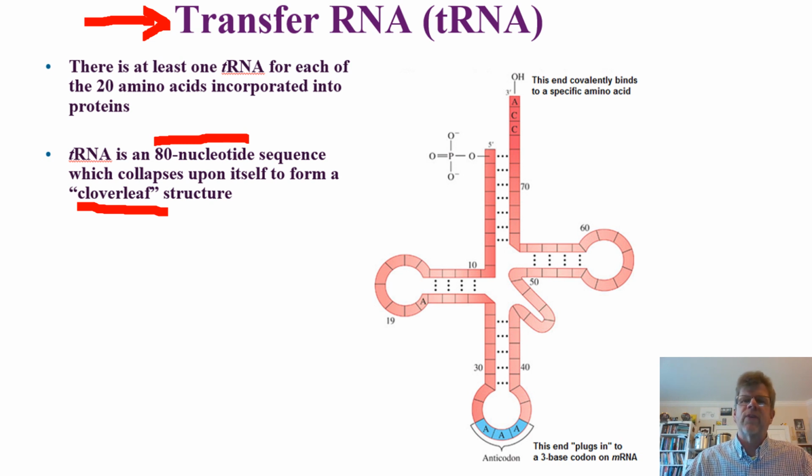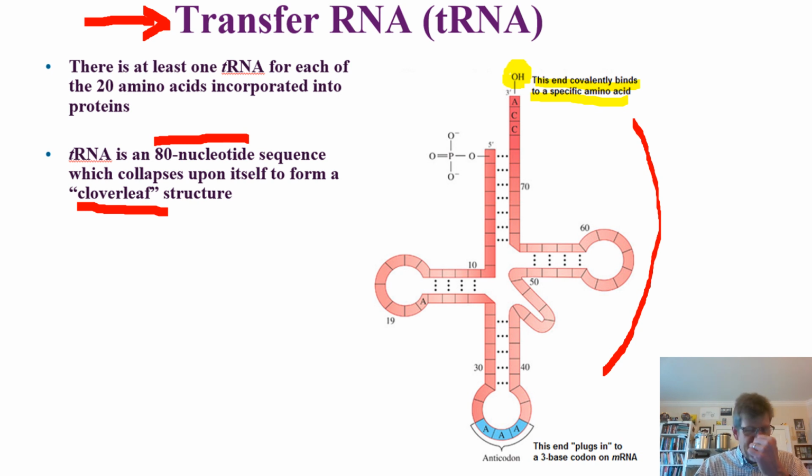Looking at this cloverleaf design, I'll bring your attention to the top where we have this hydroxyl right here. We have this OH right on top. That hydroxyl covalently binds to a specific amino acid specific to whatever transfer RNA we have right here.